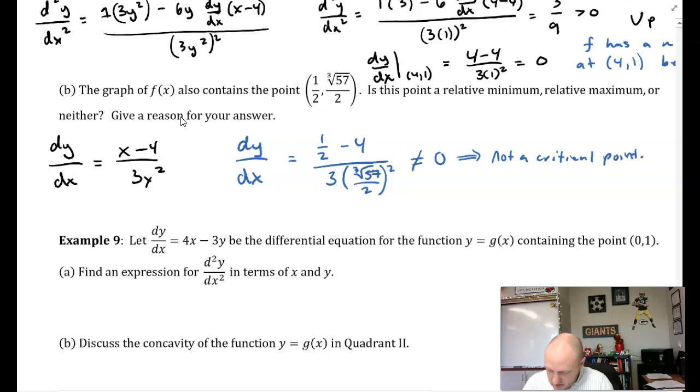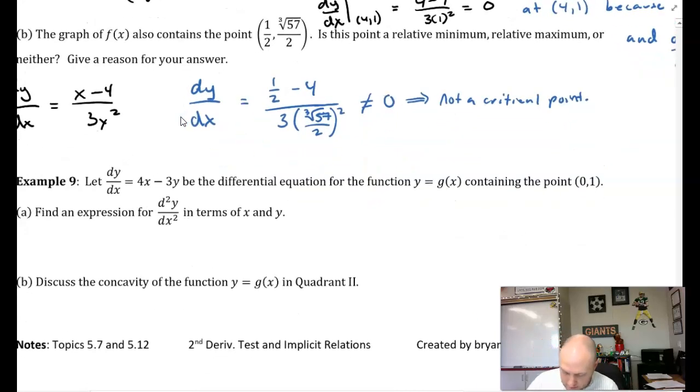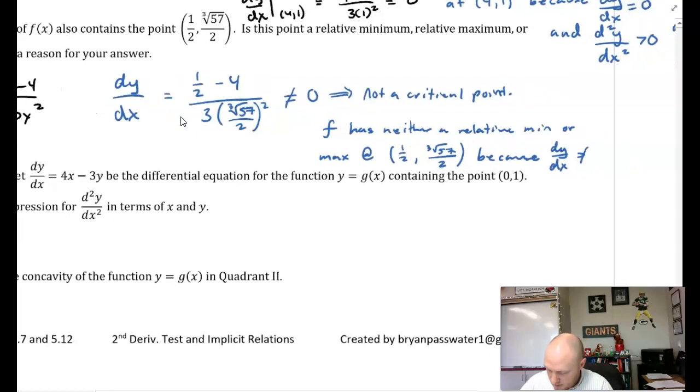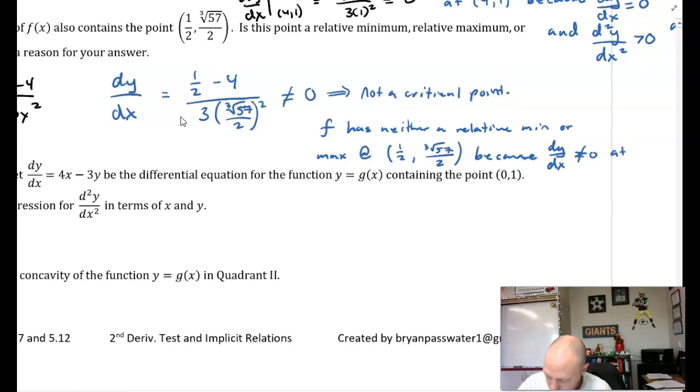So we can say f has neither a relative min or max at 1/2, cubic root of 57 divided by 2, because dy dx does not equal 0 at this point.